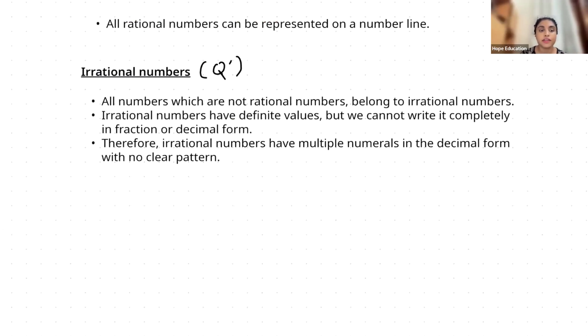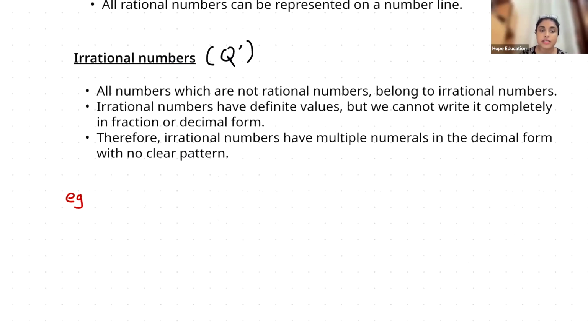For an example, if we take something like root of 5, the square root of 5 is something like 2.23606797. Likewise, this number goes on and on and on.